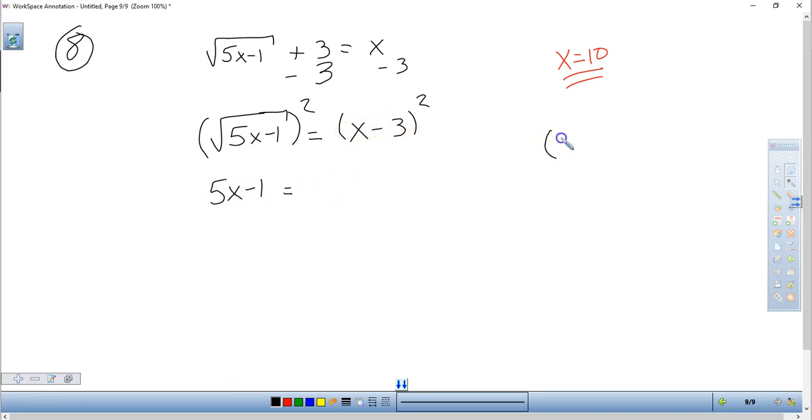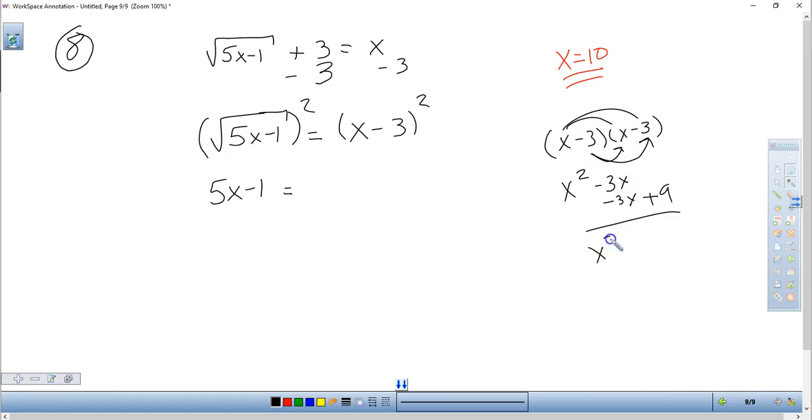Over here, I have x minus 3 times x minus 3. So I do double distribute to get x squared, negative 3x, another negative 3x, and negative 3 times negative 3 is positive 9. So I get x squared minus 6x plus 9.